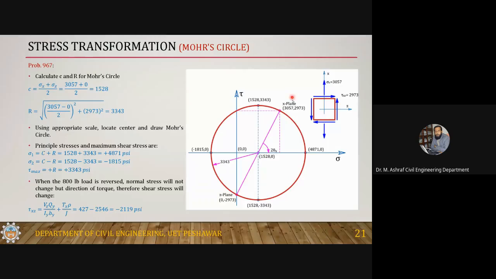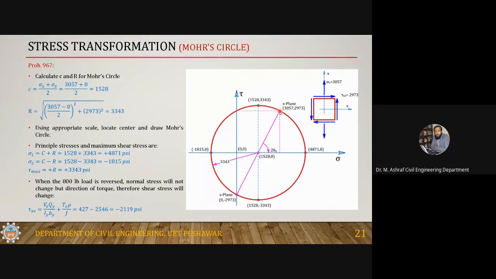How can you do this? Measure a distance of 3057 and draw a vertical line, it will intersect here. Or measure a distance of 2973 and then draw a horizontal line, so you will get this point.